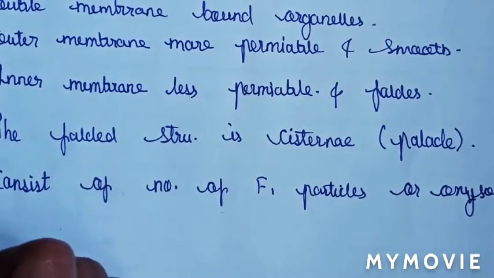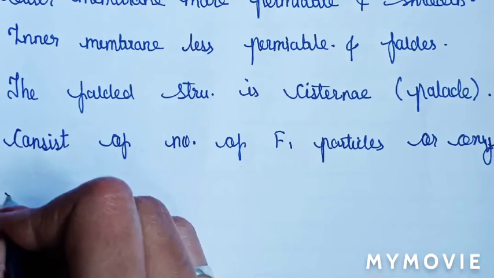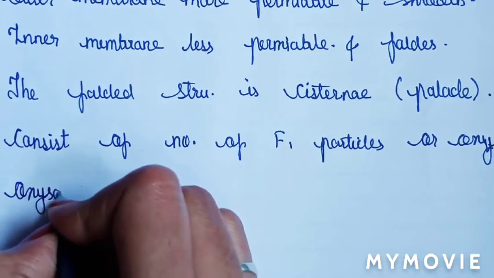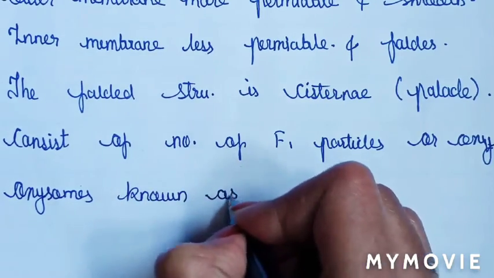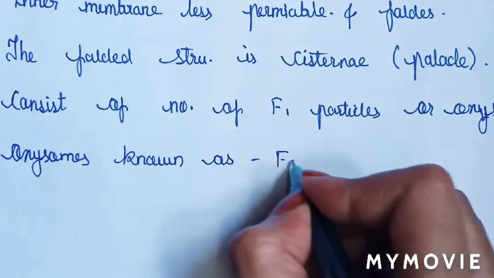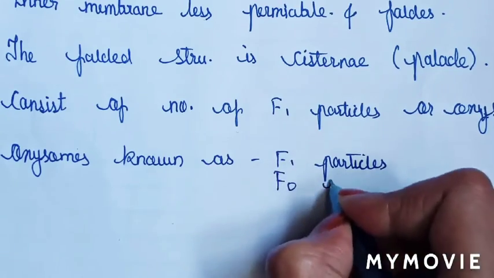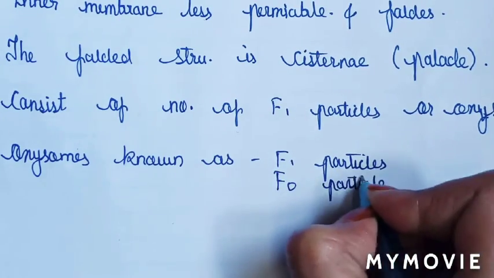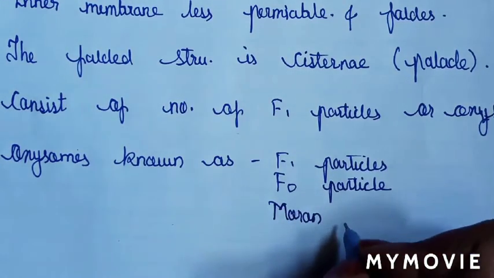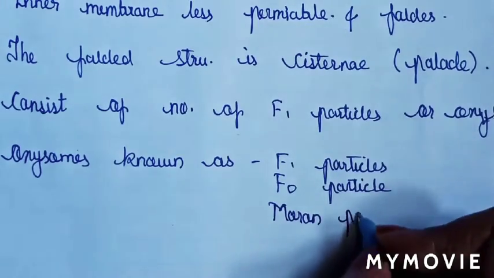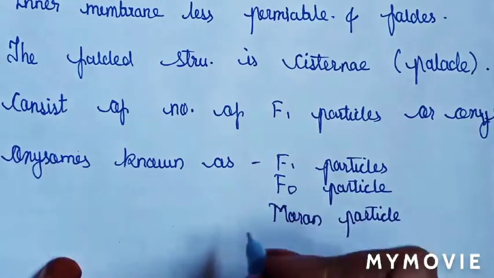Now we are going to write here, these oxysome particles are known as F1 particle, F0 particle, Moron particle, because they were discovered or observed by F. Moron, and also elementary particles.